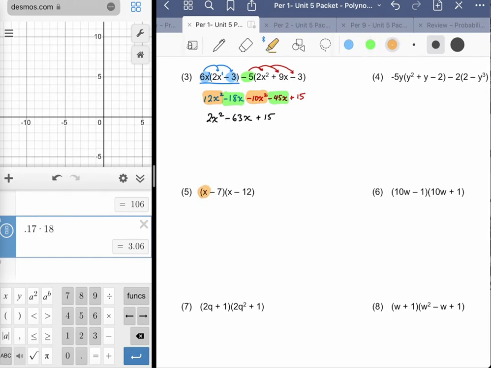That x needs to get multiplied by the x and the negative 12 in the second binomial. So what is x times x? That's x squared. Keep the base, add the exponents. x times negative 12 is negative 12x.